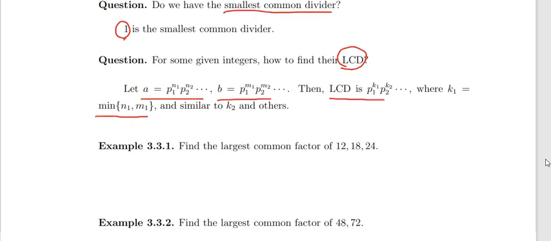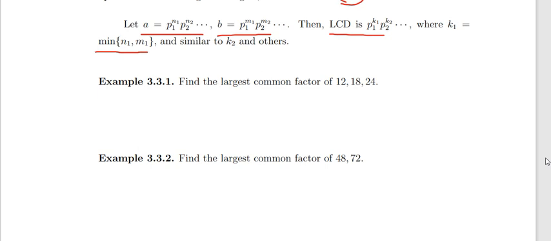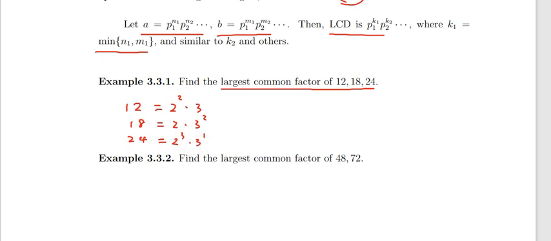Okay, so now suppose we want to find the LCF, or largest common factor. There are 3 numbers. So we just use factoring, right? 12 equals 2 squared times 3, and 18 equals 2 times 3 squared, right? And 24 equals 2 cubed times 3, right?